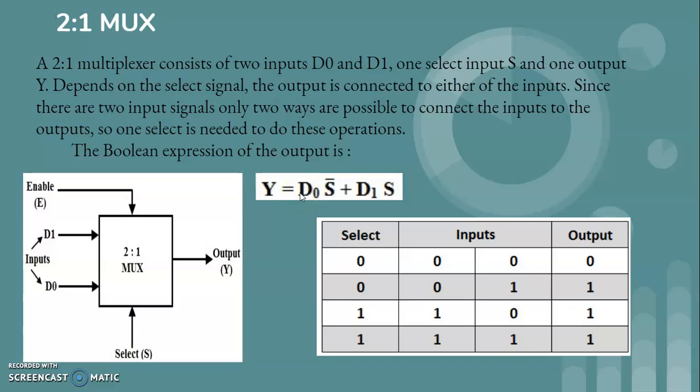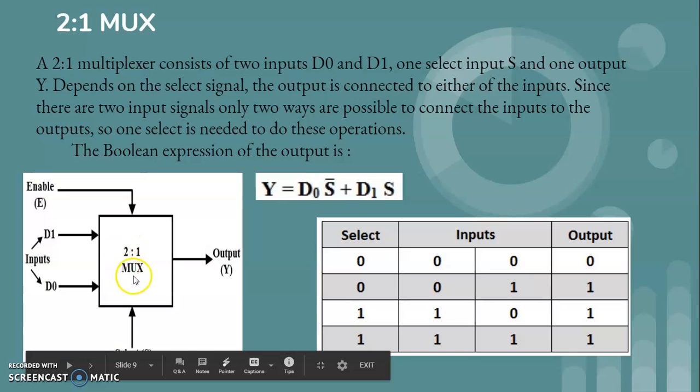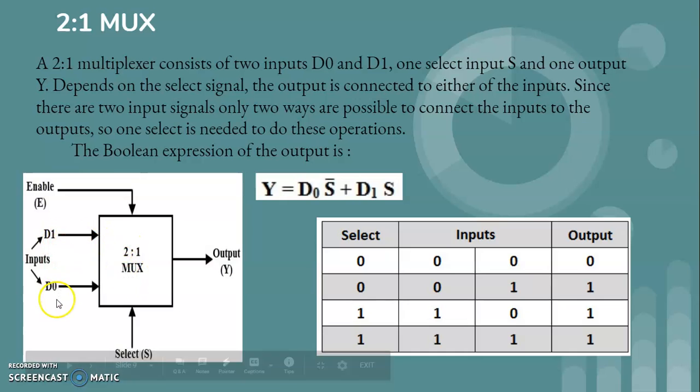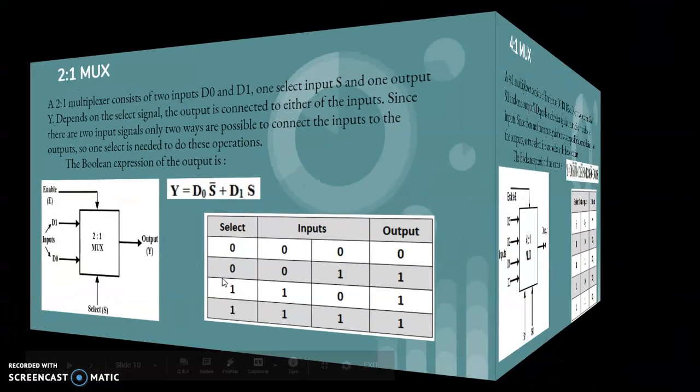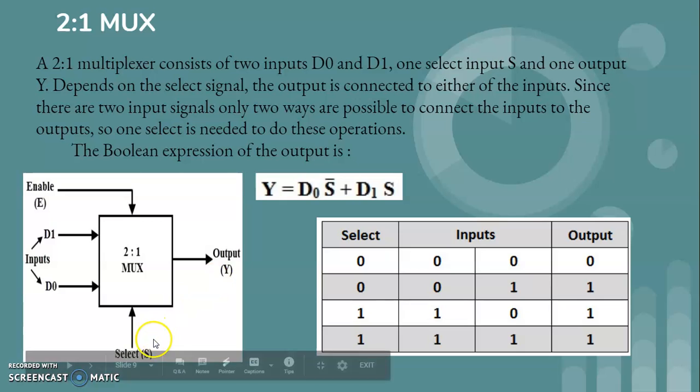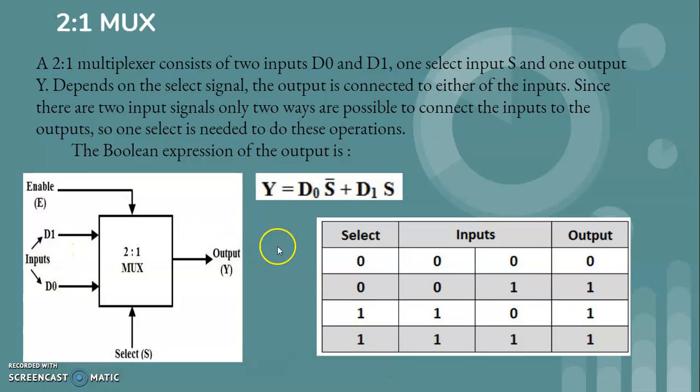The Boolean expression for output of 2:1 mux is D0 S bar plus D1 S. This is the block diagram of 2:1 mux. 2:1 means it will have two inputs and one output, and it will have one select line which will be used to select any of these two inputs.